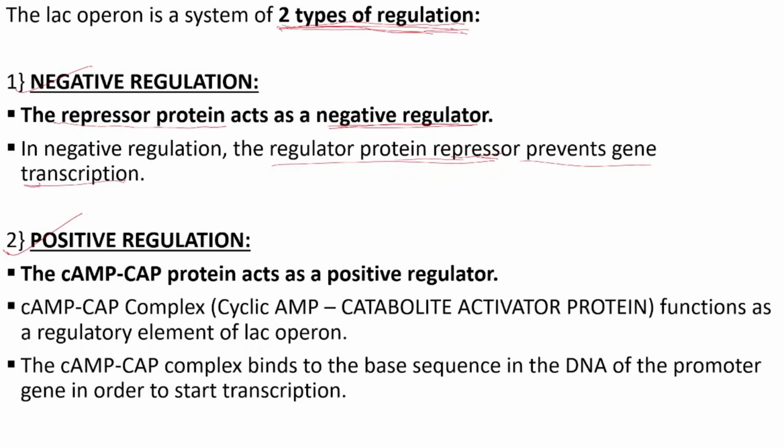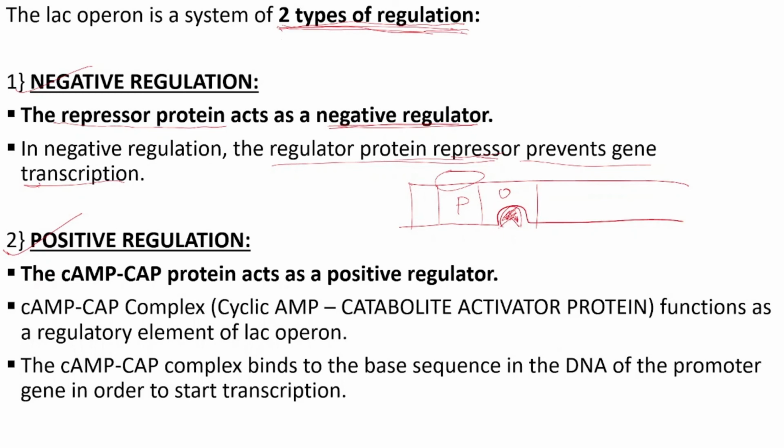When the repressor protein was binded at the operator region, it was preventing gene transcription because it was not allowing RNA polymerase to bind at the promoter region. So the repressor protein works as a negative regulator.